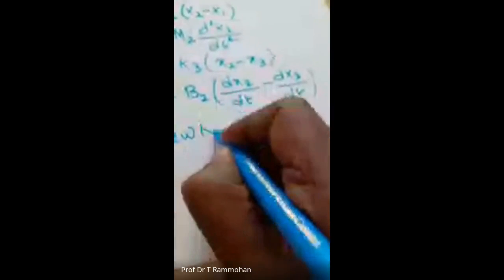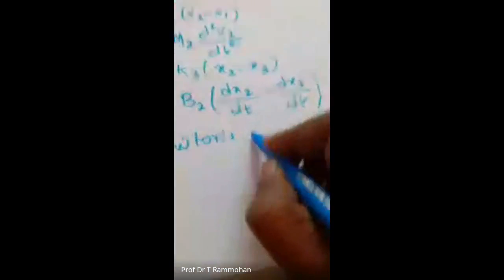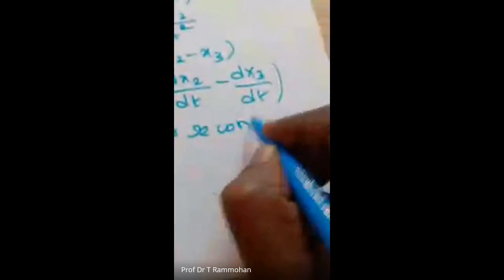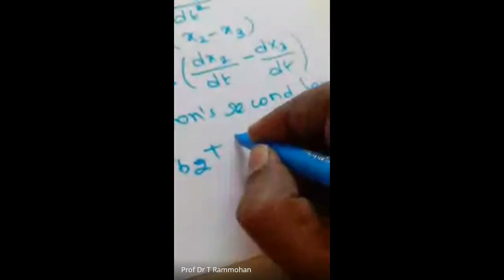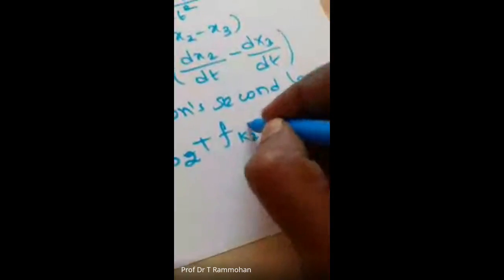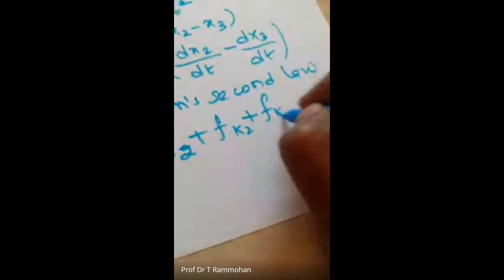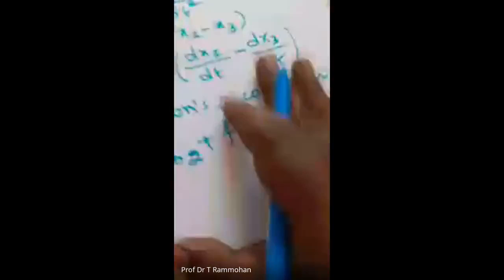So using Newton's second law, FM2 plus FB2 plus FK2 plus FK3 equal to 0. You can see now. I can show you fully. Just a moment.